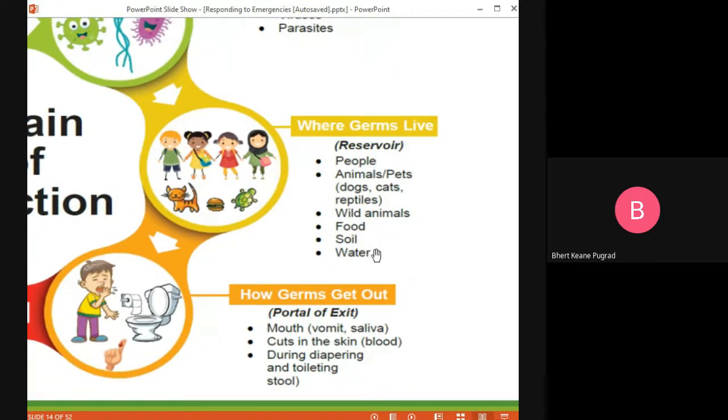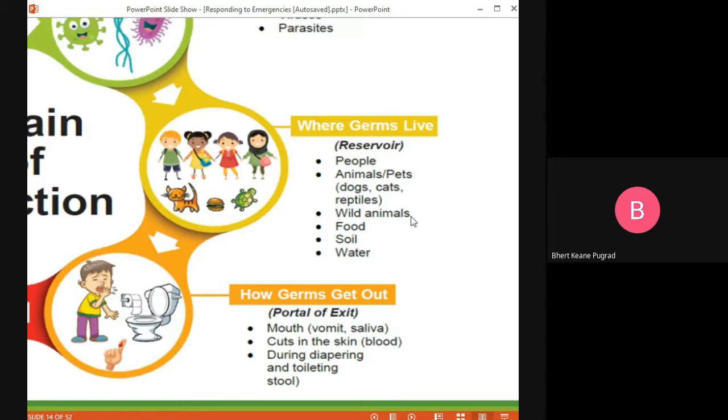Kinakain natin yung bat, yung paniki, tapos nagkaroon tayo ng outbreak, nagkaroon tayo ng pandemic. Okay? So because those wild animals are reservoirs of certain microorganisms. At ang problema yon kapag yung infective na paniki, is a reservoir, kinain ng tao.